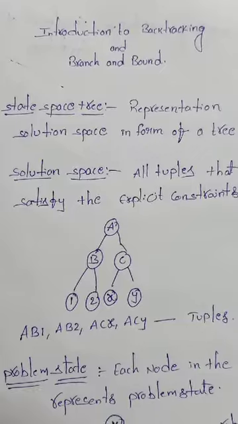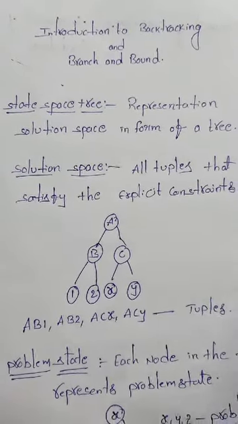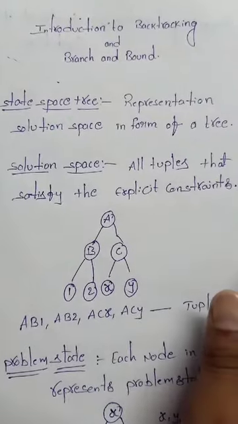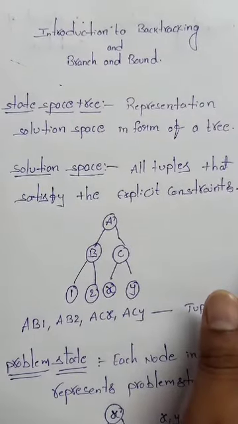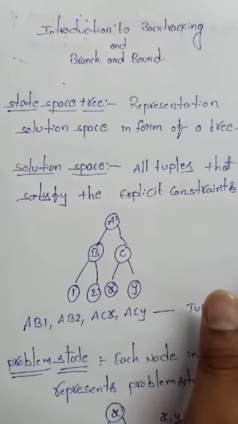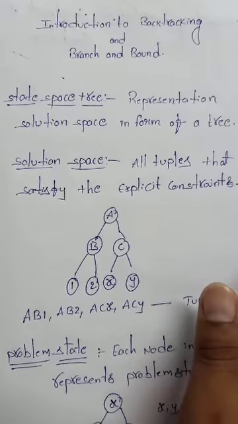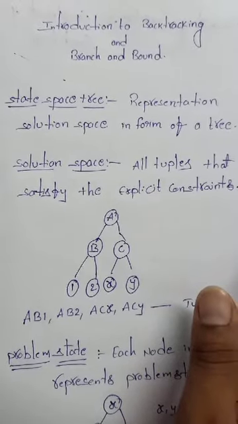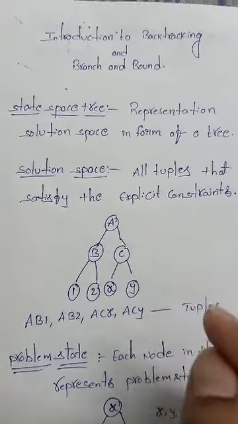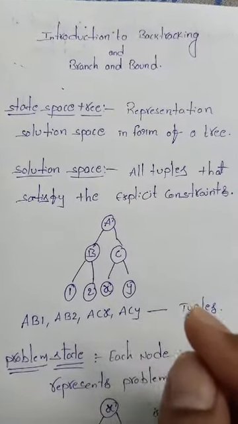The topic is introduction to backtracking and branch and bound. Backtracking is one technique, and branch and bound is another technique. These two techniques are implemented or represented as a solution in one tree called the state space tree.